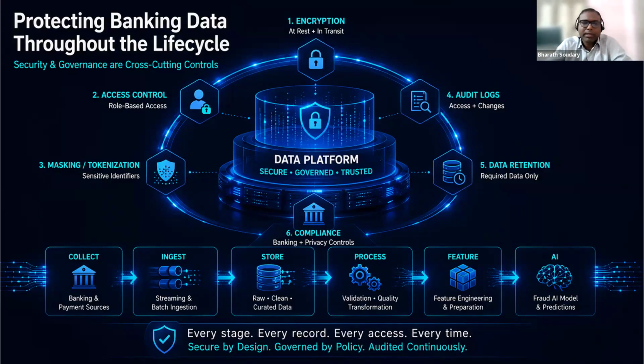When we talk about encryption, the data is protected at rest and in transit. When the customer makes a transaction, or the customer transaction information moves between systems, it should be protected from unauthorized access. So that's where encryption comes in.